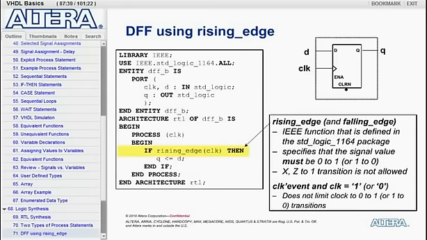While the rising edge function and the clock tick event and clock equals 1 will both synthesize to the same logic, a D flip-flop or register, they are different in simulation. Whereas the rising edge does specify the transition must be 0 to 1 or 1 to 0, the clock tick event and clock equals 1 or 0 does not. So we do recommend you use rising edge and falling edge functions.